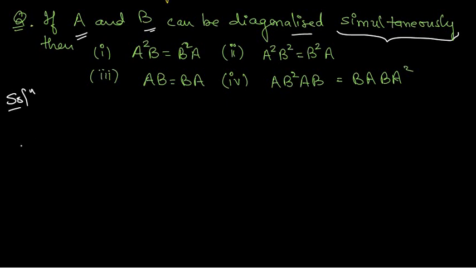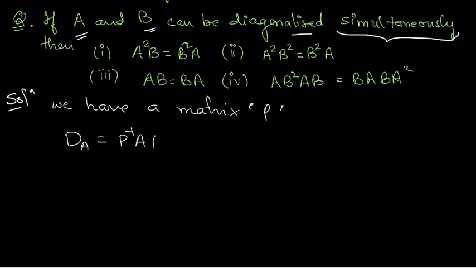If they can be diagonalized simultaneously by the same matrix P, then we have a matrix P which can do these types of transformation, that is it can diagonalize A, giving dA equal to P inverse AP, and at the same time it can diagonalize B, that is dB equal to P inverse BP.